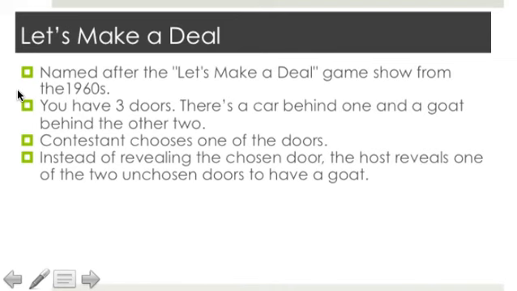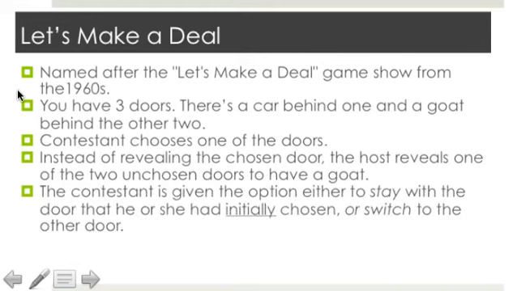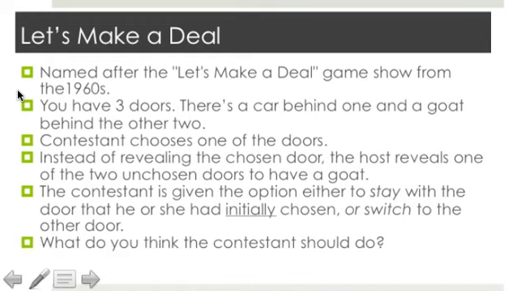However, instead of revealing what's behind the door that you chose, the host of the game reveals one of the other 2 unchosen doors as having a goat. You are then given the opportunity either to stay with the door that you originally chose or to switch to the other door. And the question becomes, what should the contestant do?